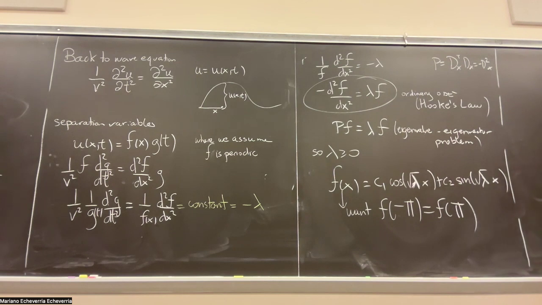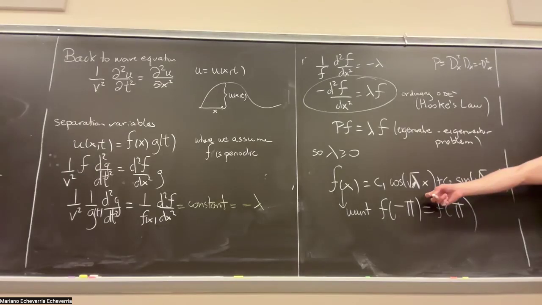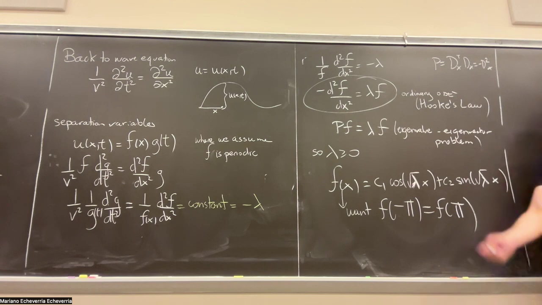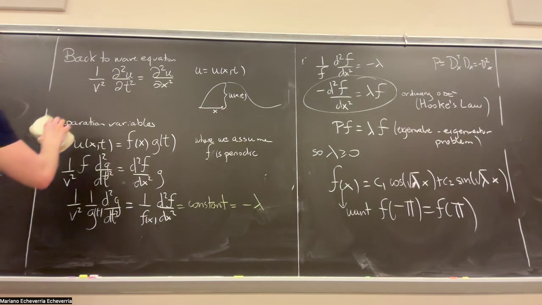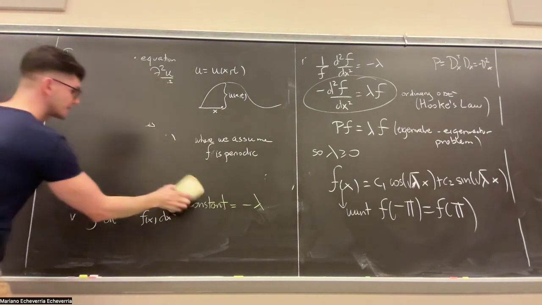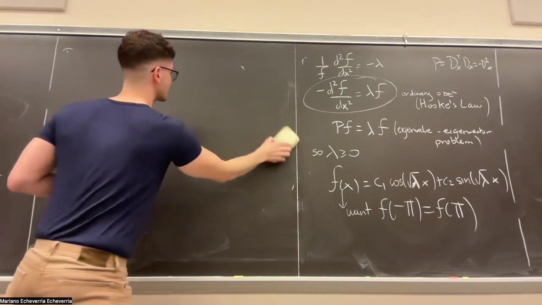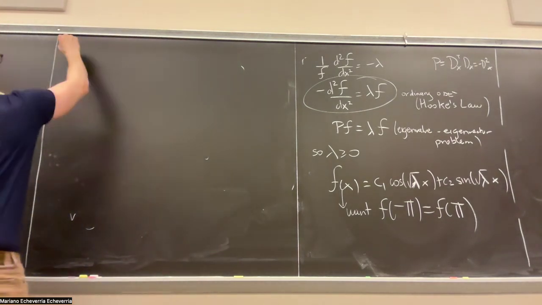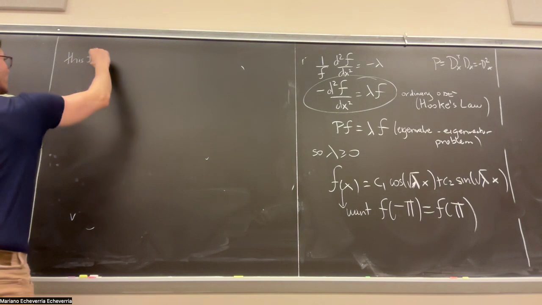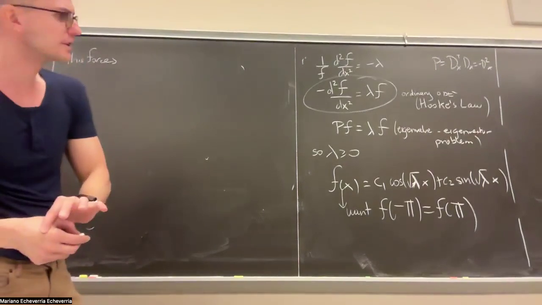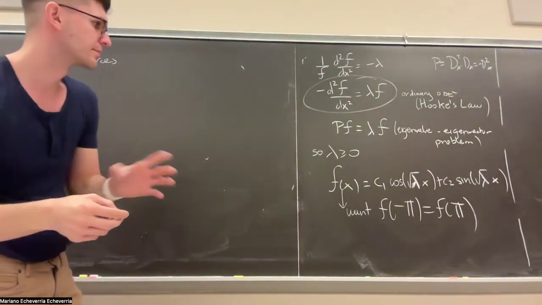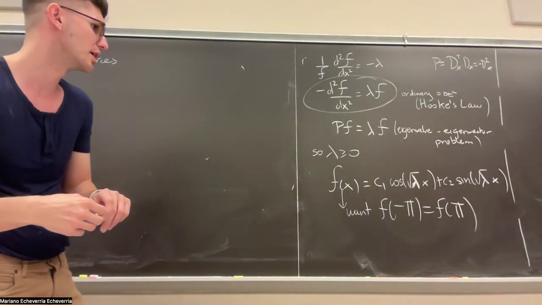And that does restrict the values for lambda, because lambda cannot be like 1/pi or something like that, because that would mess up the periodicity. So this forces essentially the root of lambda to be an integer.